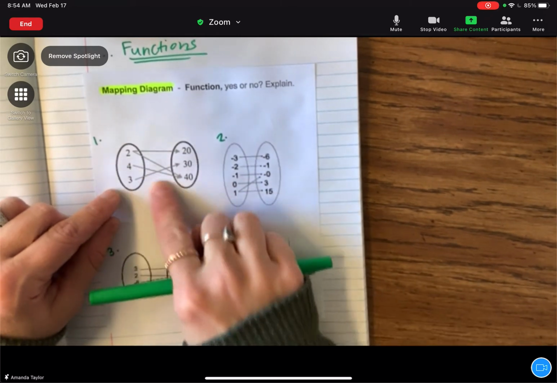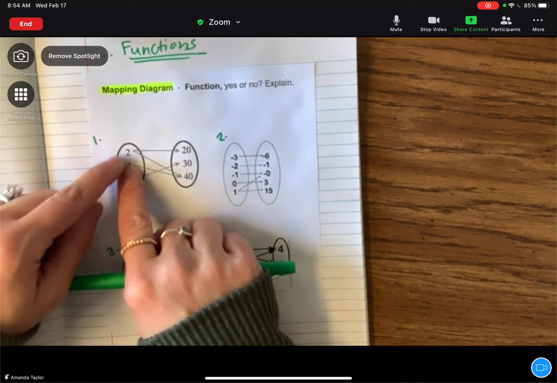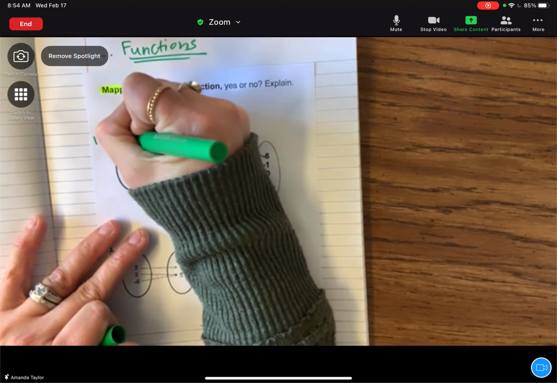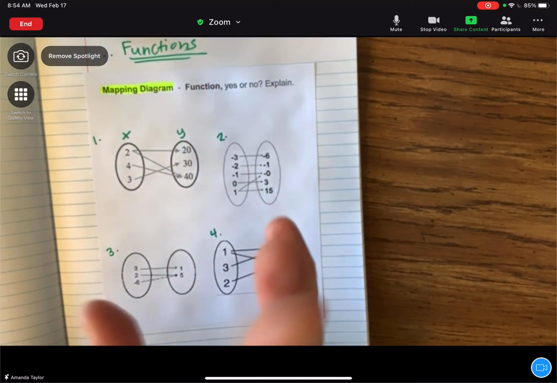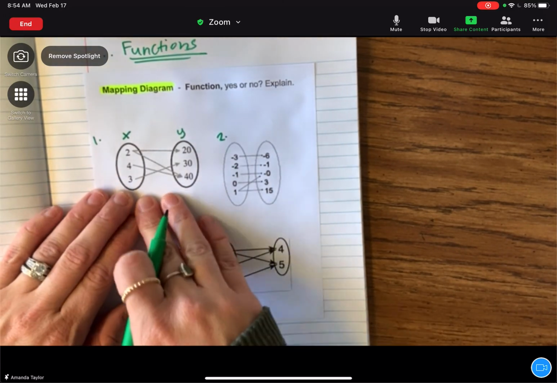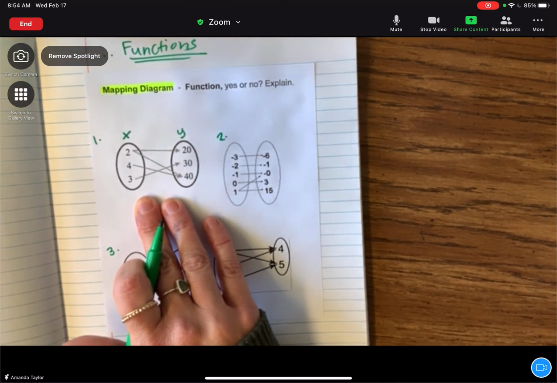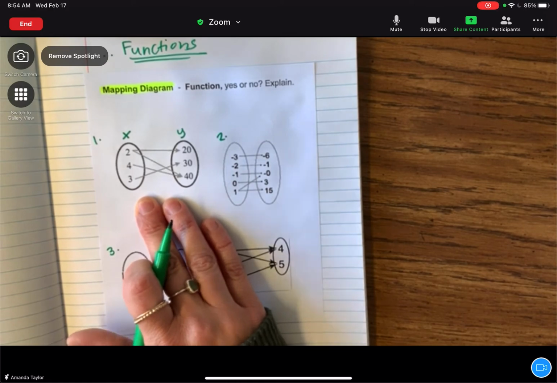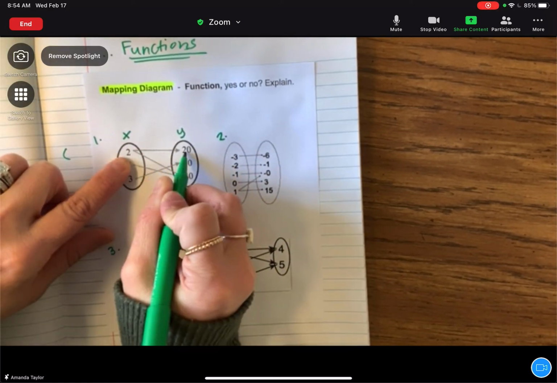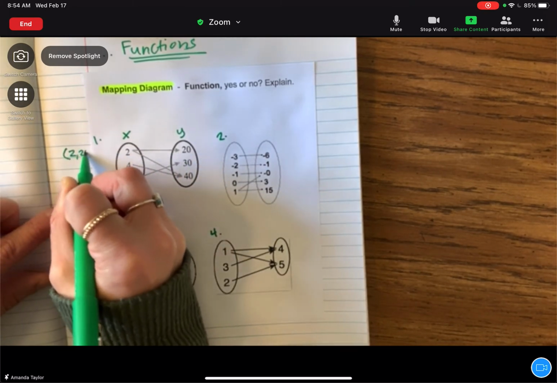So, how we read the mapping diagrams, just a reminder, is the x values are on the left side. Here are the x's, and the y's are on the right side. If I were to list these points out, just like I did with the warm-up mapping diagram, this would be (2, 20) because it goes from 2 to 20.